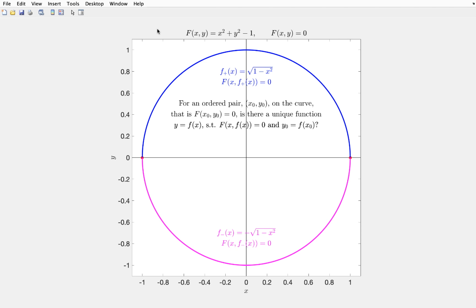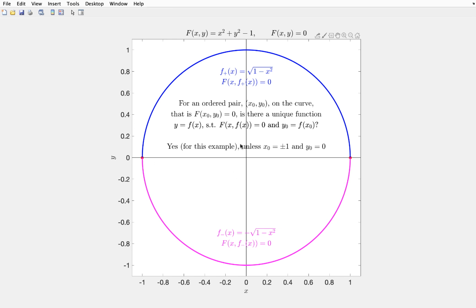Well, in the example we see before us, yes, right? For a point here on the curve, f plus passes through the point and is on the level set, f of x comma f plus is 0. And for a point here on the curve, f minus passes through that ordered pair, and f of x comma f minus is on my implicitly defined curve.